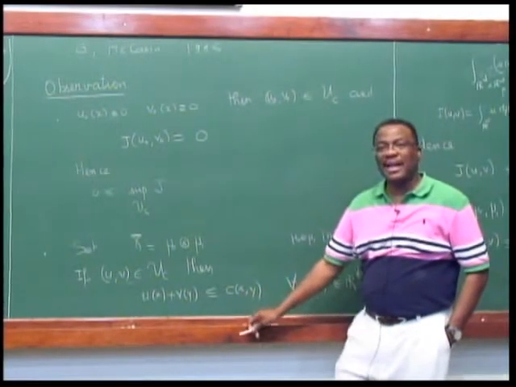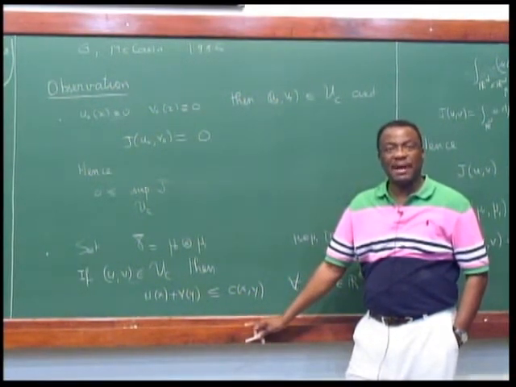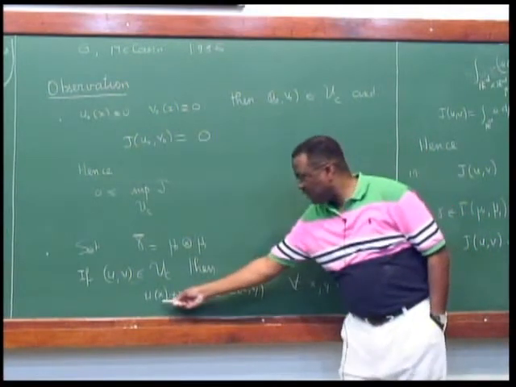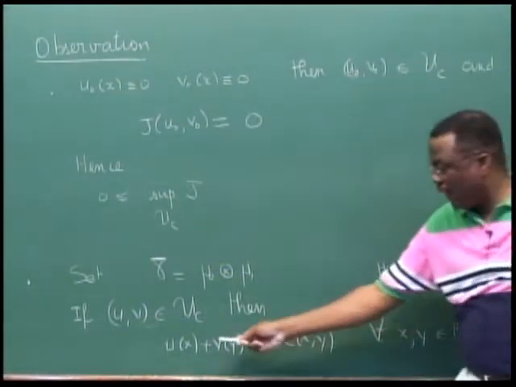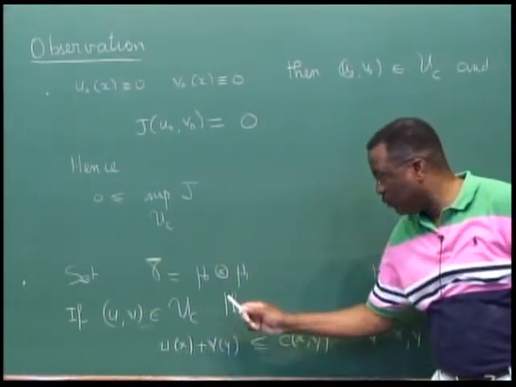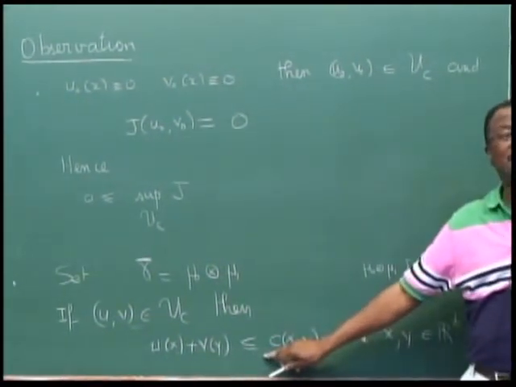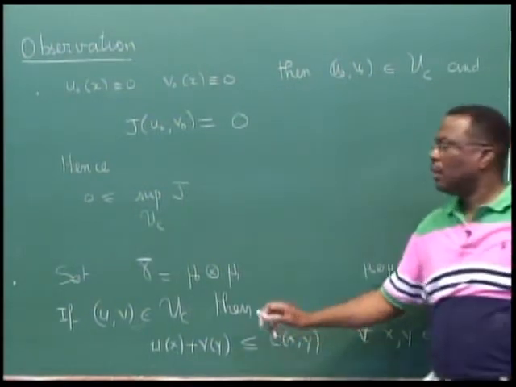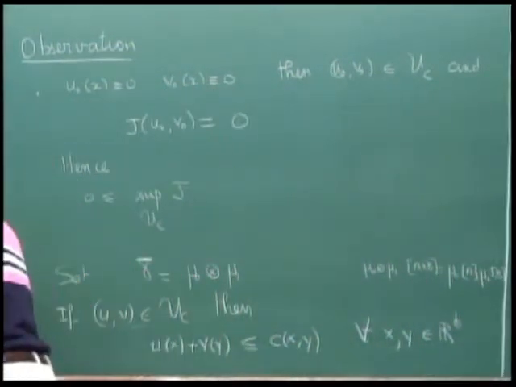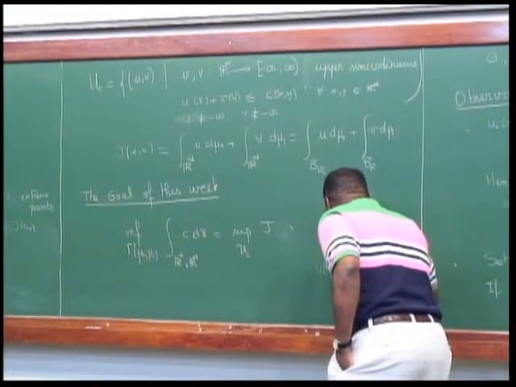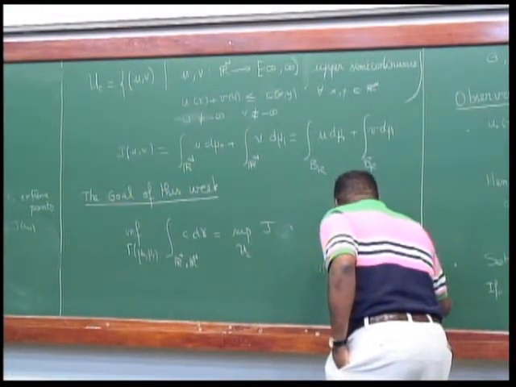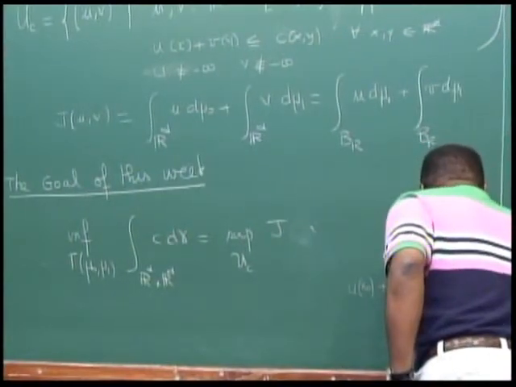Assume for a moment that you have a pair u, v, which is a maximum. They satisfy this equality. I claim that for every x, I can find y such that equality is satisfied. Assume not. Assume that for every x, I can find s naught such that for every y, I have this strict inequality.